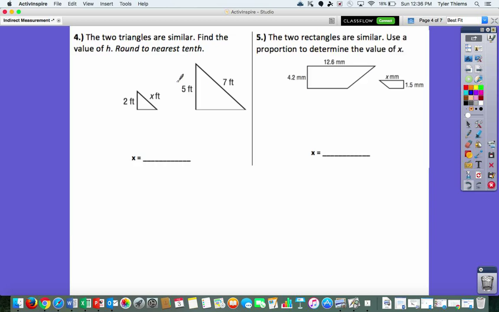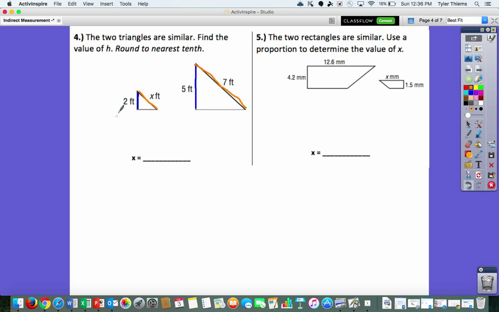For number 4, now we're given two similar triangles. They're telling us that these two triangles are similar here. So again, if we can find the corresponding sides, we know that this height is going to correspond to this height here. There's the small triangle, and then the small triangle x, we don't know that, is going to correspond to this bigger triangle over here.